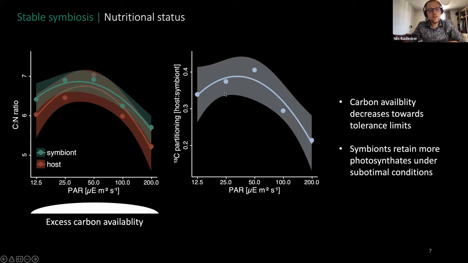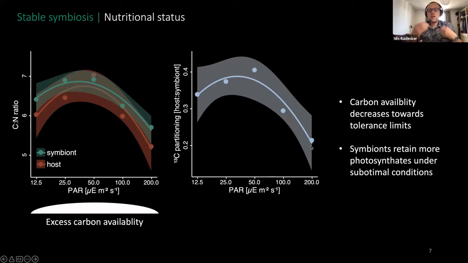And we can quantify using this technique how much of the assimilated carbon is assimilated by the algae and how much is translocated to the host instead. And we see that where there is most carbon available, these algae are also more generous in sharing their resources with the host, and towards the suboptimal conditions in terms of carbon availability, these algae are more selfish and retain more carbon for themselves.